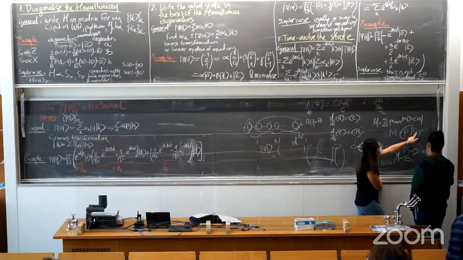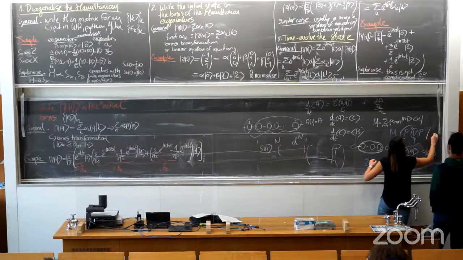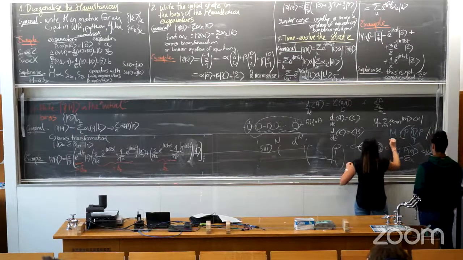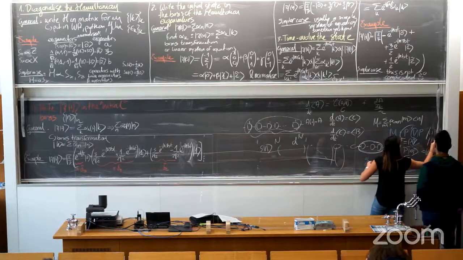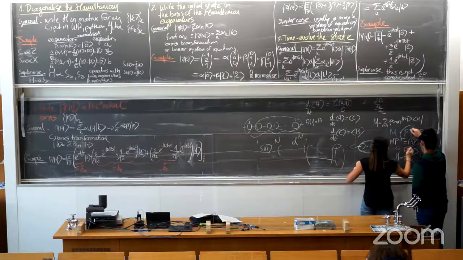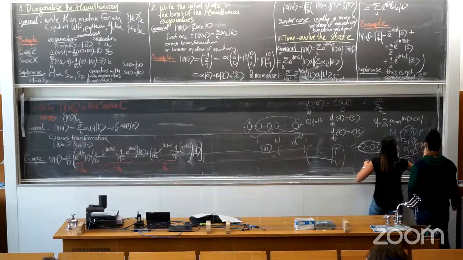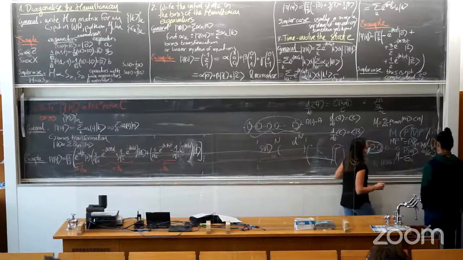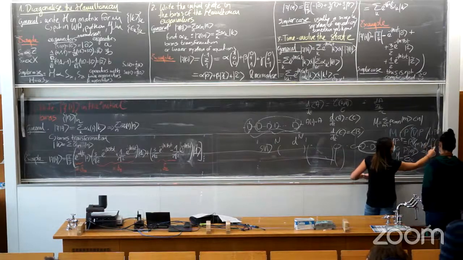If you multiply by P minus 1, then M P minus 1 equals PV. And then if I apply P, I have P minus 1 MP equals V. So I represent this matrix in another basis, and here this matrix is diagonal.